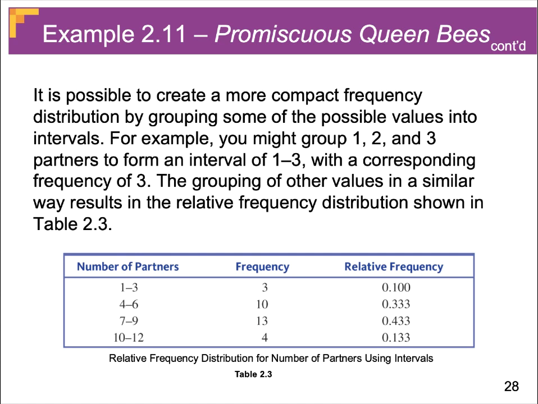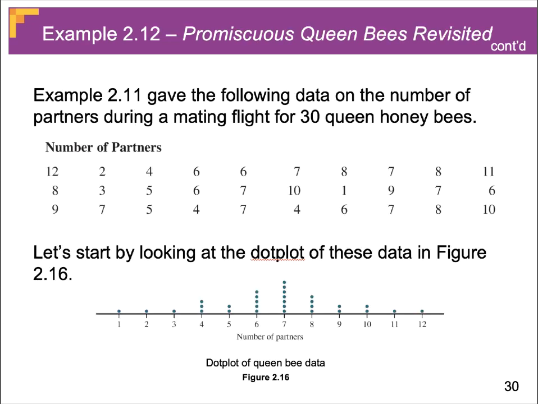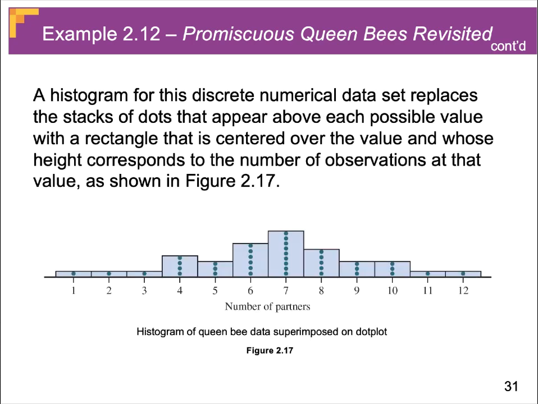So if we were to do a dot plot, it would look something like this, where we had each dot for each number here from 1 to 12. What I want you to imagine is drawing a bar instead of the dot. So we're creating these little bars above our numbers.